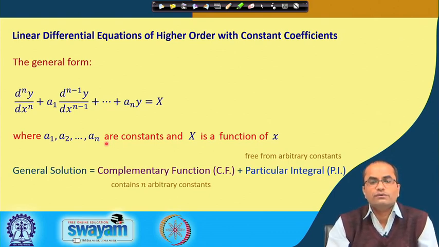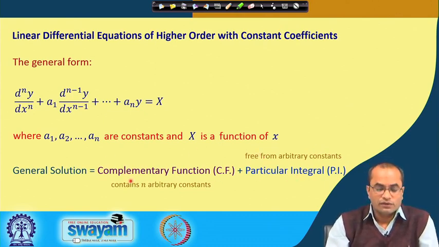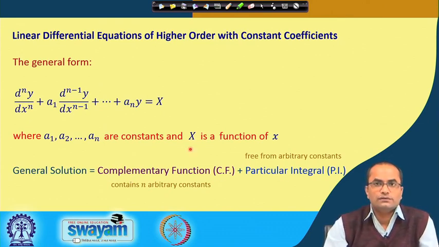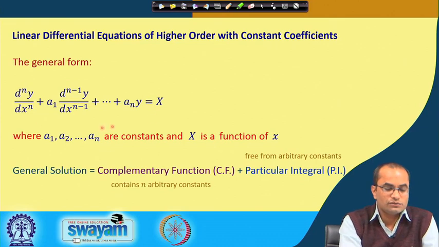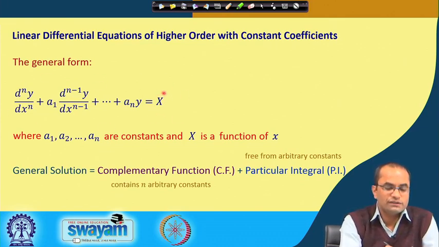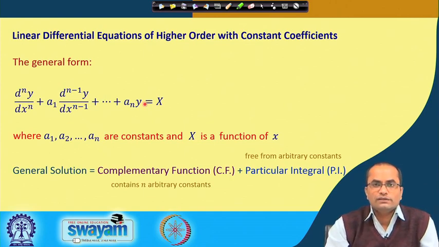It will be free from arbitrary constants, or if any constant appears, it will be merged automatically in the complementary function. When x is not 0, we call it a non-homogeneous equation. When x is 0, we call it a homogeneous differential equation.